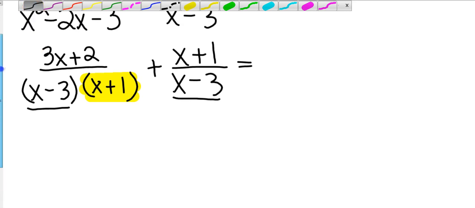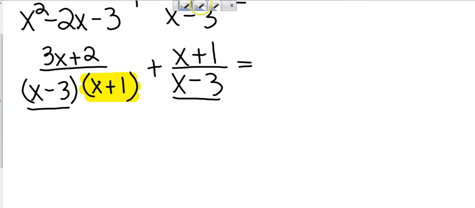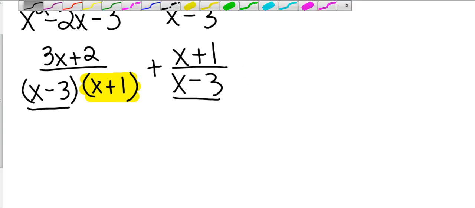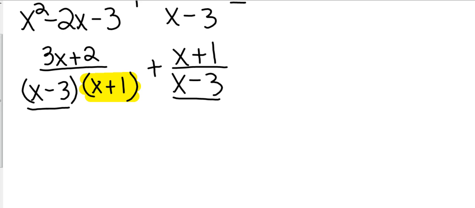So I need to give the right one an x plus 1 to have a common denominator. So how I'm going to do that, remember the denominators that they don't have, we just multiply. So I'm going to multiply top and bottom by x plus 1. So I can give this one an x plus 1.